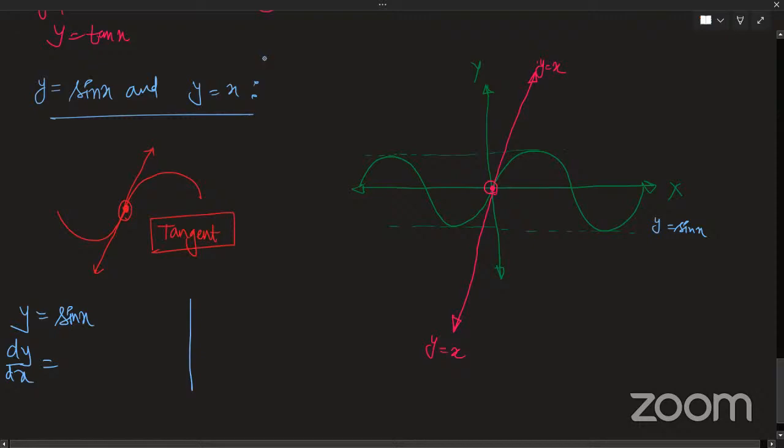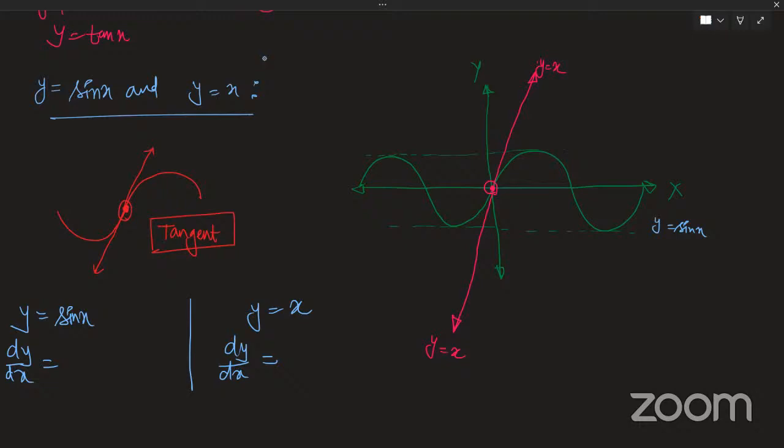What is the derivative of sine x? Cos x, correct. And what is the derivative of x? 1, sir. Absolutely correct.